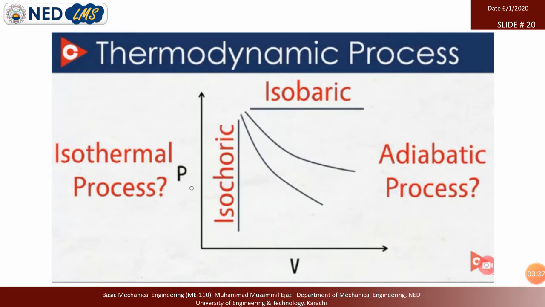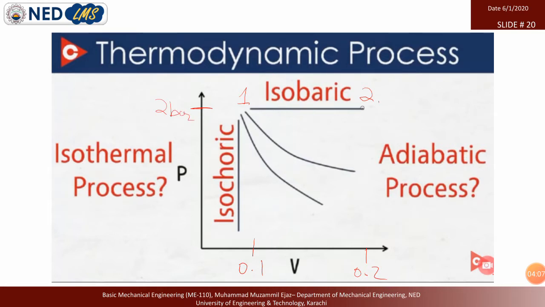So from this diagram you can easily understand the isobaric process. This is state 1, this is state 2. In the isobaric process, let's suppose we have volumes of 0.1 and 0.2. From state 1 to 2 the pressure is constant, like we have 2 bar.